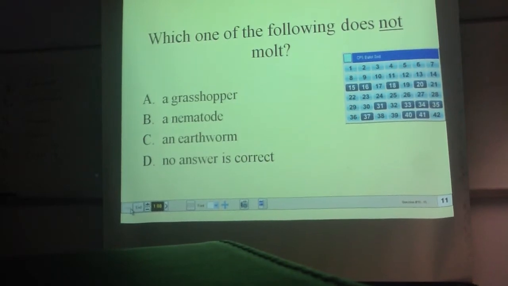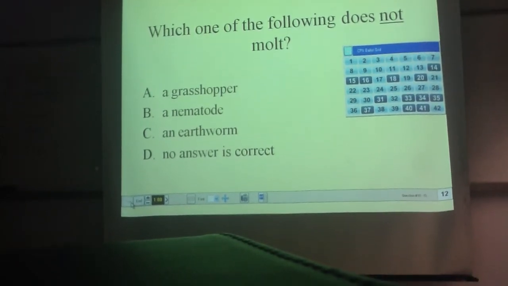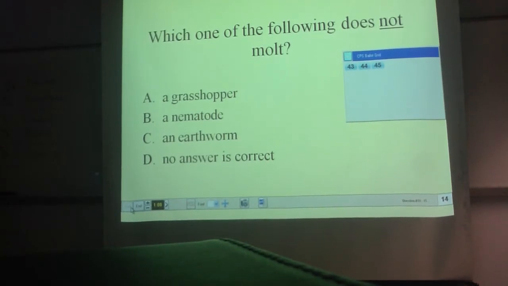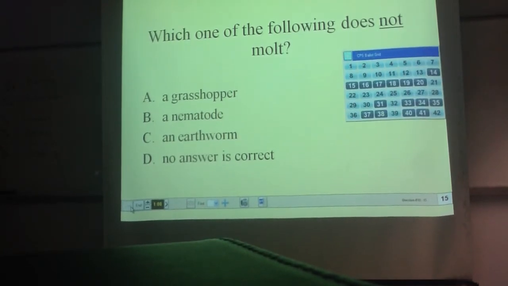I guess maybe the other way I could ask is, which one, if any of those three, is not an ecdysozoan? Because ecdysozoans all molt.